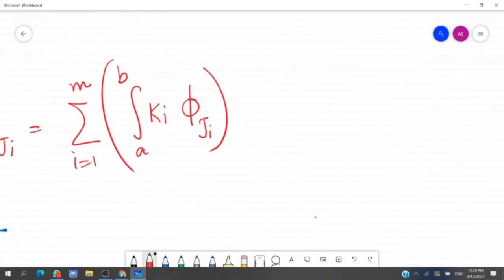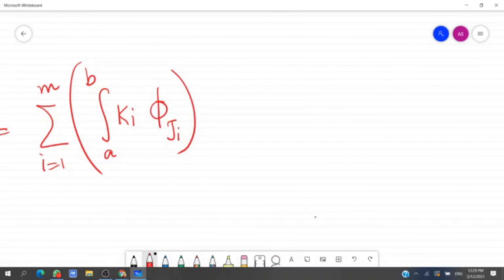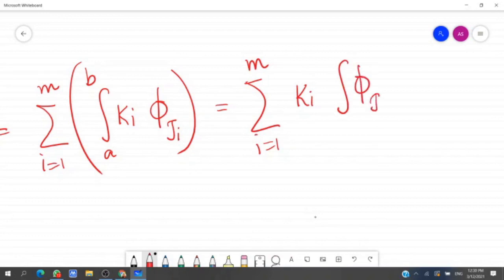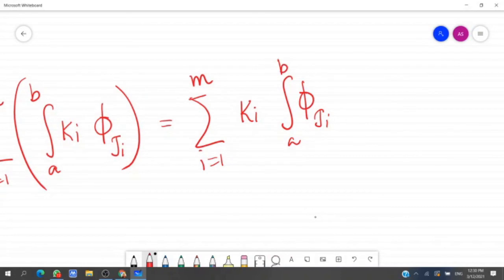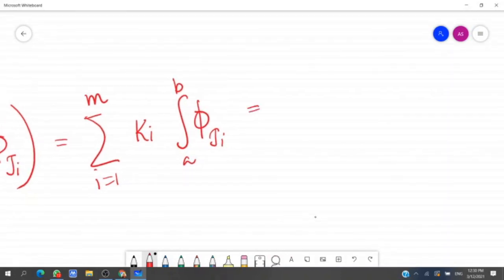Since a constant multiple of an integrable function is also integrable, and the integral of a constant multiple of chi Ji is equal to the constant multiple of the integral of chi Ji, you can write this as the sum of ki into the integral from a to b of chi Ji. Since chi Ji is the characteristic function, the integral value is the length of the subinterval Ji.